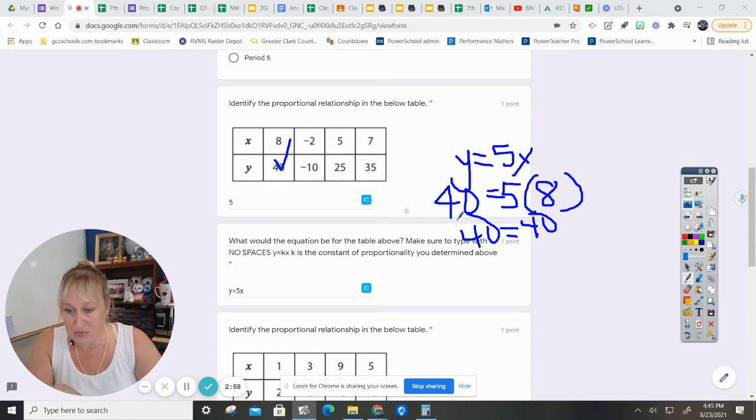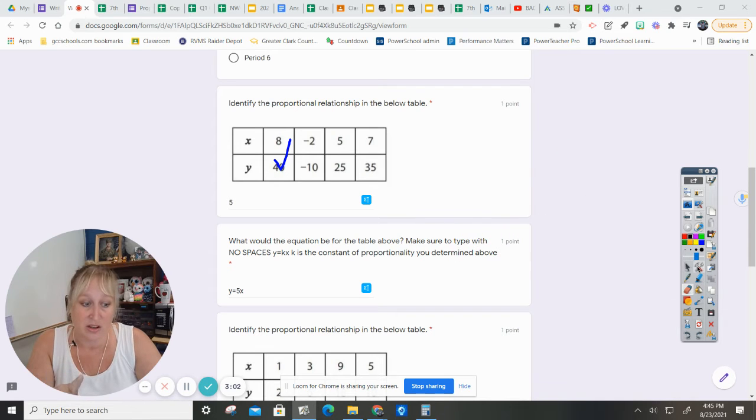Now I'm going to skip this negative one because I don't want to stress people out with negatives, but let's check it on the next one. So let's try that theory again. I'm substituting into y equals 5x. It tells me x is 5, so I'm going to put that in: 5 times 5, where x is 5.